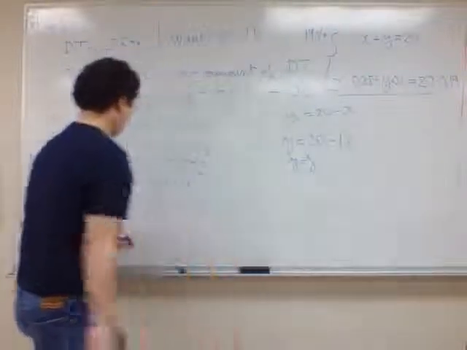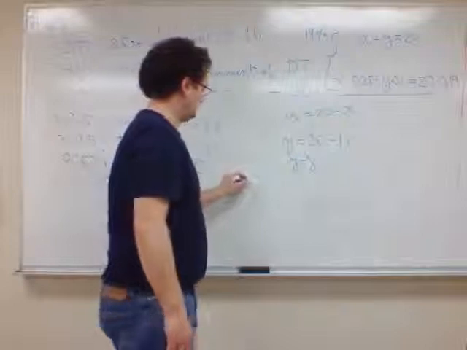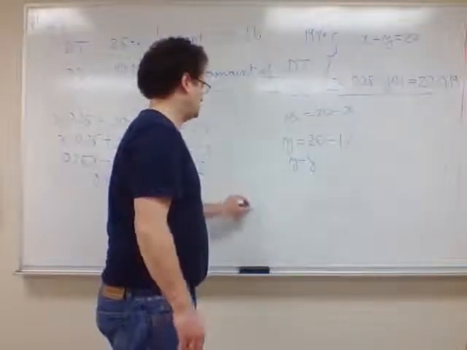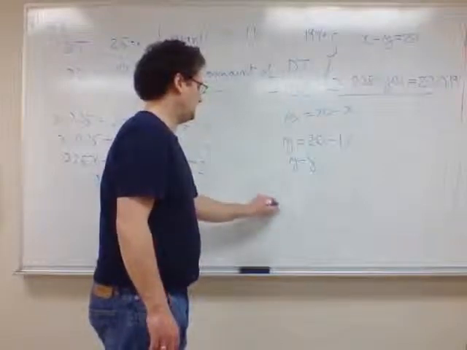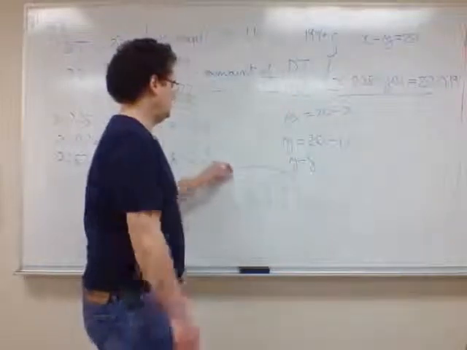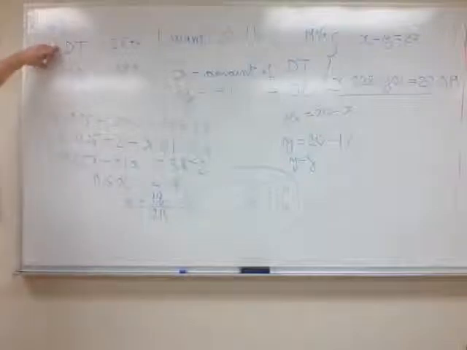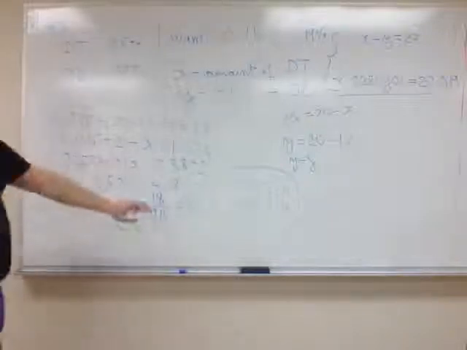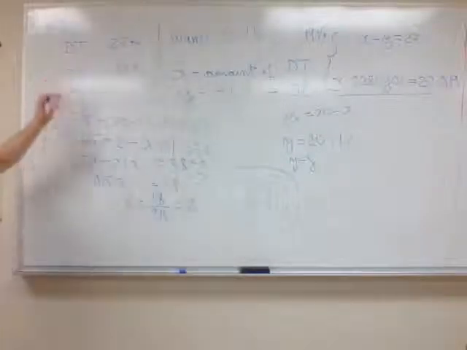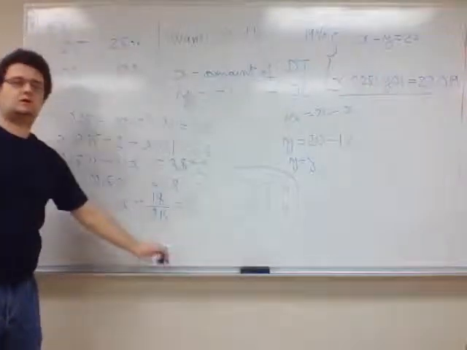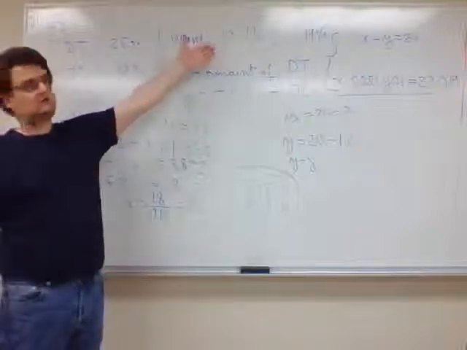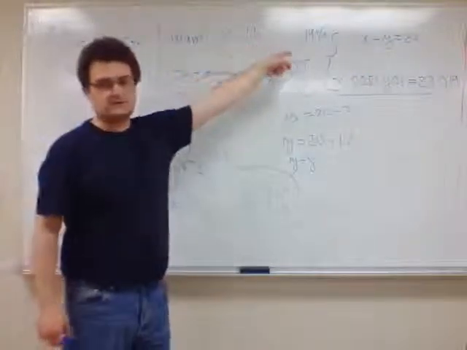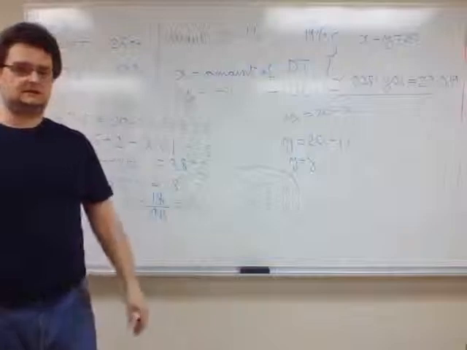So x is 12 and y is 8. 12 pounds and 8 pounds. So we need 12 pounds of DT granola and 8 pounds of OD granola, so that when we make a mixture, it's going to be 20 pounds of 19% nuts and dried fruit. Okay?